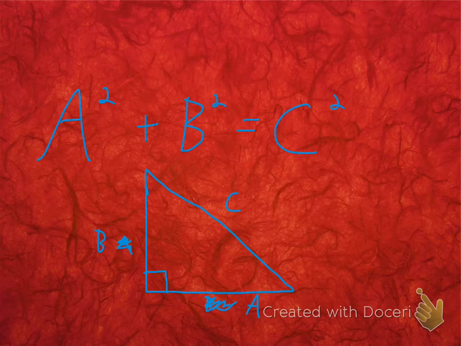The name of this long line, does anybody know it? Hypotenuse. Don't quote me on the spelling, but hypotenuse. What does that mean? It means the long line opposite of the right angle.